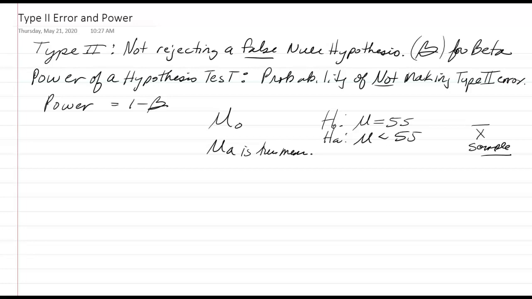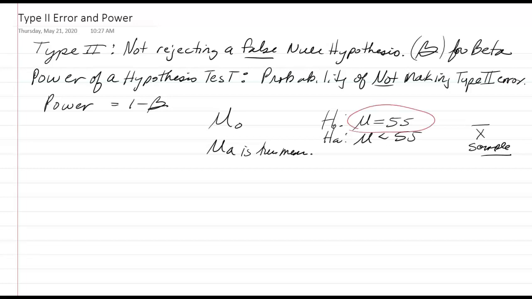So what we do is a series of if-then statements. Well, if the true mean was really 54 instead of 55, then what is the probability of me making a type 2 error? What is the probability of not rejecting this null hypothesis? Because if the true mean is really 54, we should reject because this now is a false hypothesis.